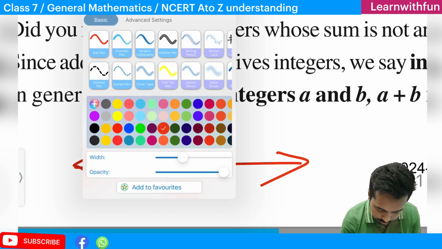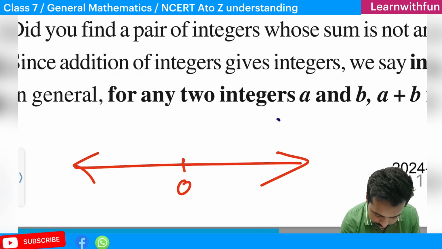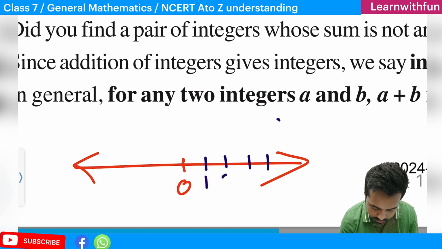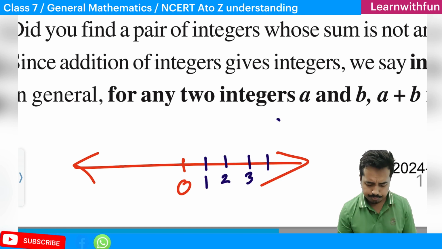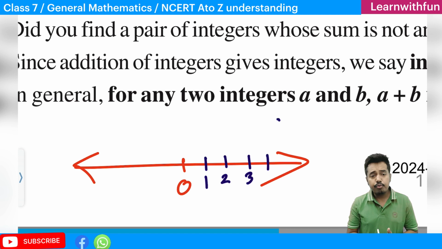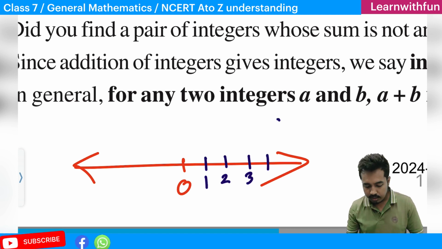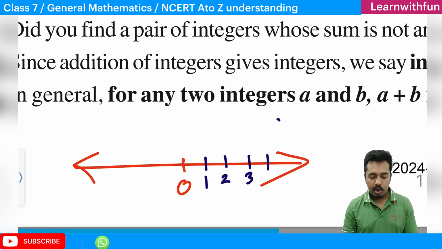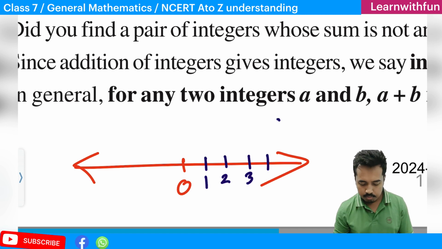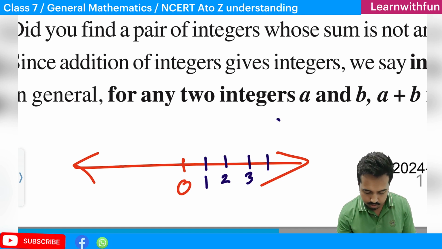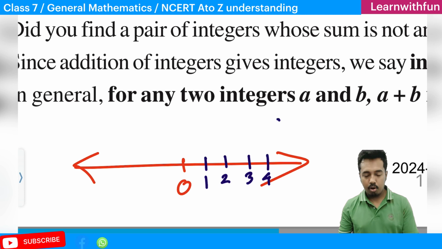hand side of 0 are positive numbers, such as 1, 2, 3, 4, all of these at equal intervals. So when we move from 0 to the right, we will get the first number 1, the second number 2, the third number 3, the fourth number 4, and so on.